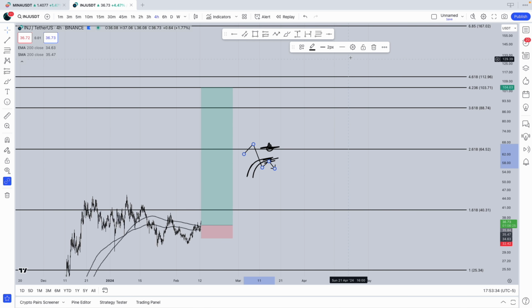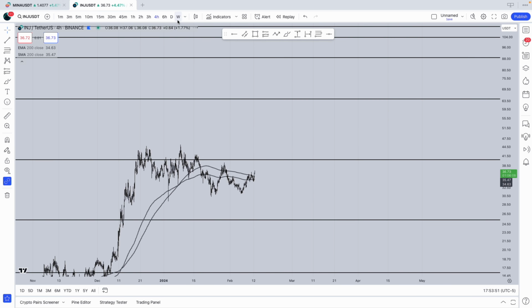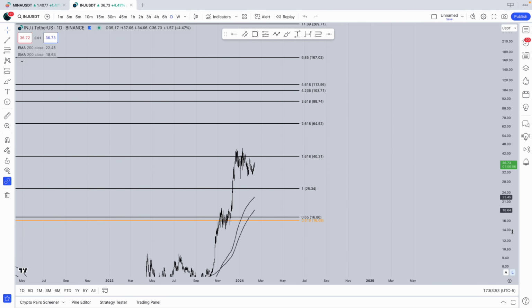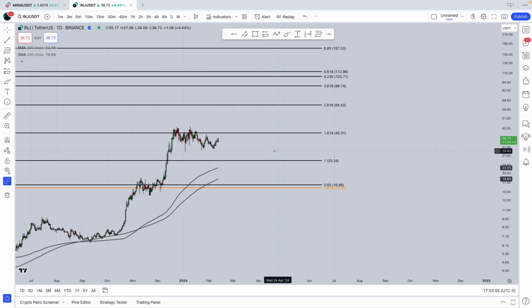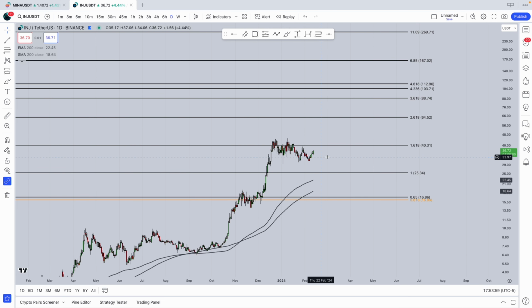Now, one thing I will say is that what I have been noticing is that the 1.618, let me delete these here. 1.618 seems to act as some short-term resistance and where it tends to pull back or consolidate. So like here on INJ, you can see 1.618 got hit, and then we had consolidation here.